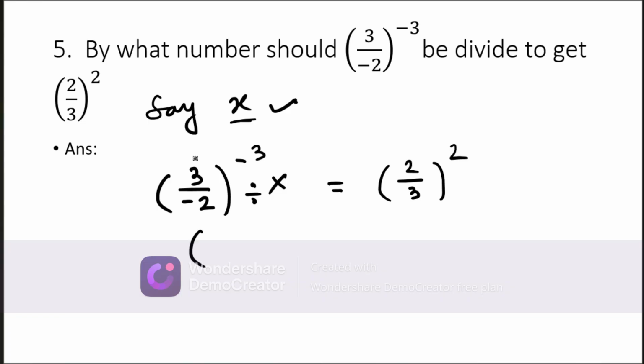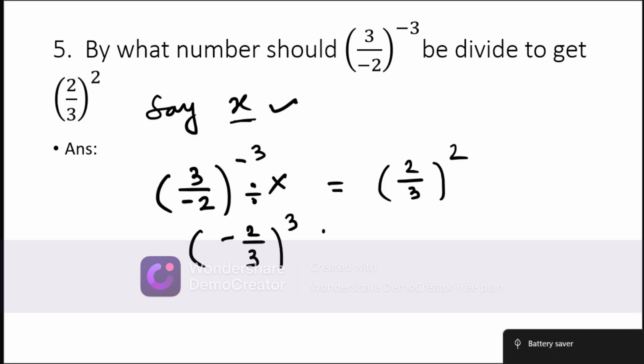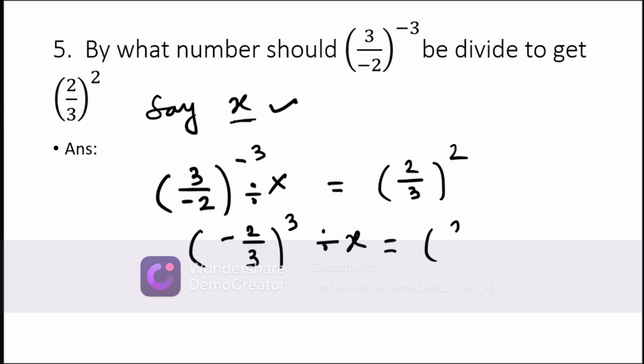Now I change the number in positive exponent form. So (-2/3) cube divided by x equals (2/3) whole square. Okay, (-2/3) cube divided by x equals (2/3) whole square.